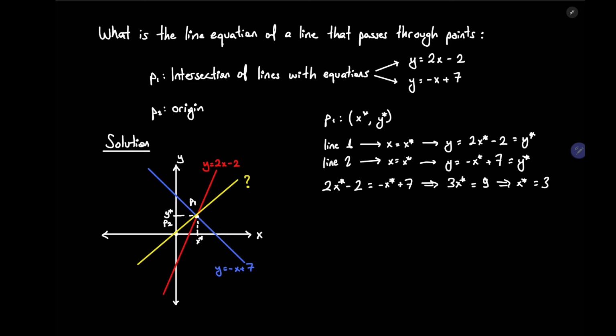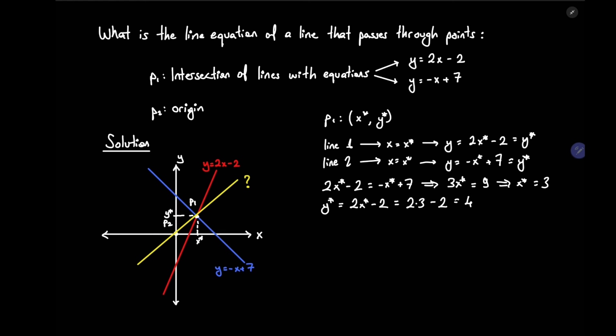So the x value of the intersection point is 3. Now let's find the y value of this intersection point. Y star equals 2x star minus 2, which is 2 times 3 minus 2, and that is 4.